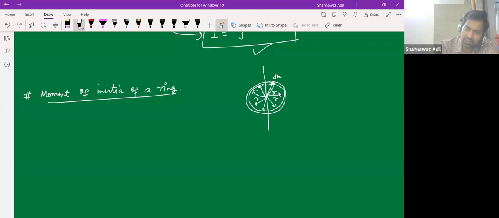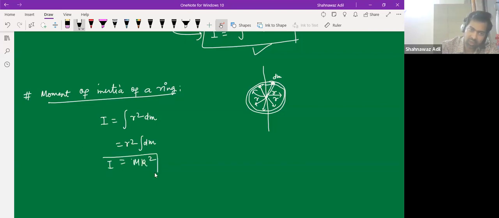This r is fixed. So if you calculate the inertia, that would be r square and dm. Since r is fixed, you can take it outside and integrate dm. So for a ring, this is simply mr square.